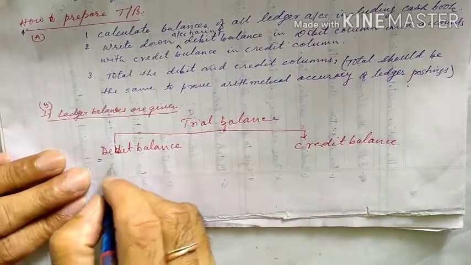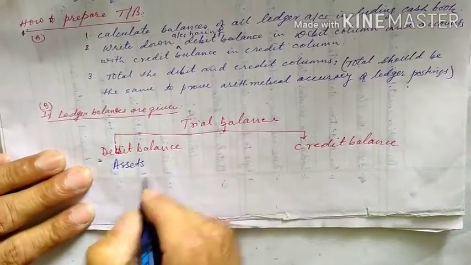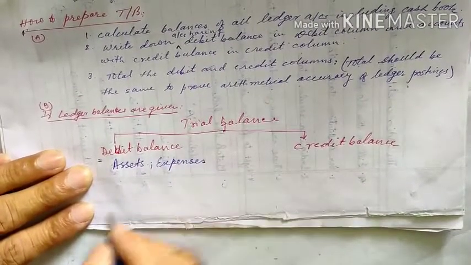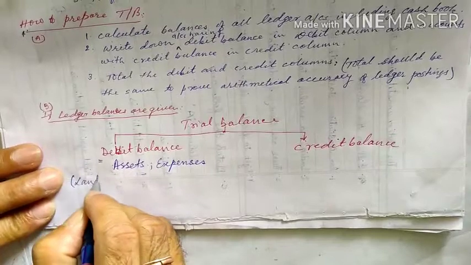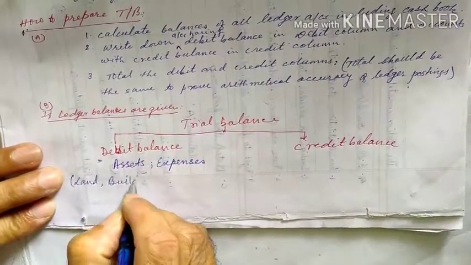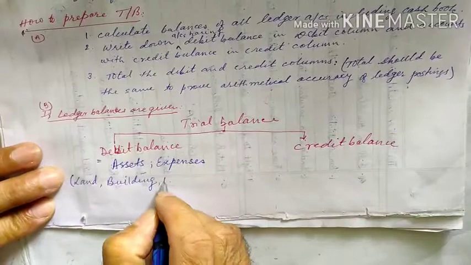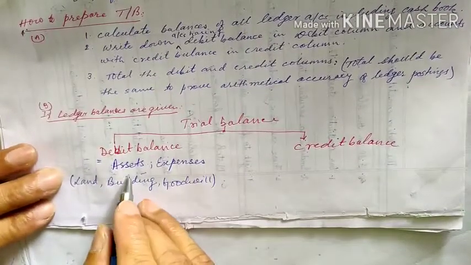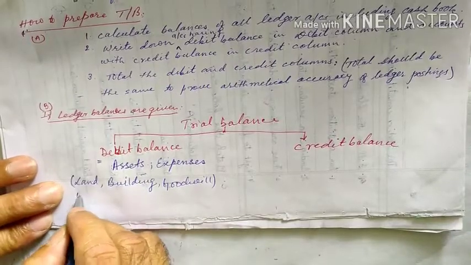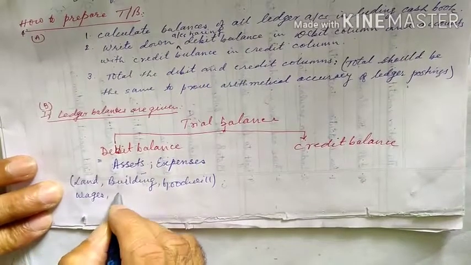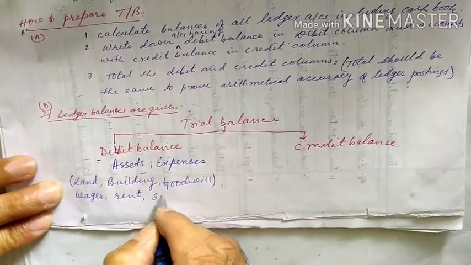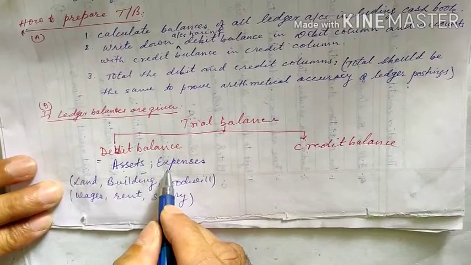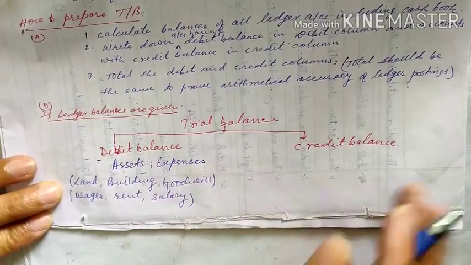On the debit side, you will write down all the assets and expenses. Assets like land, building, goodwill. These are some examples of assets. Examples of expenses are wages, rent, salary. So all these assets and expenses will be recorded in the debit column.